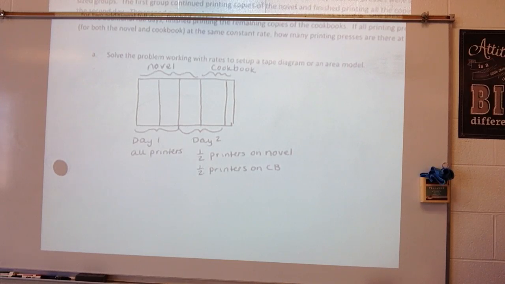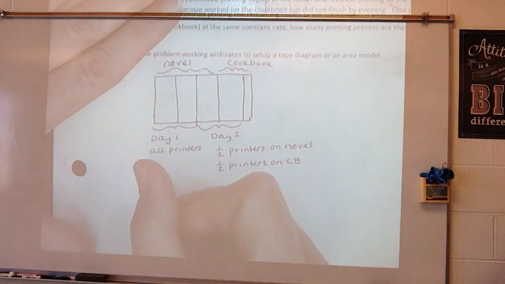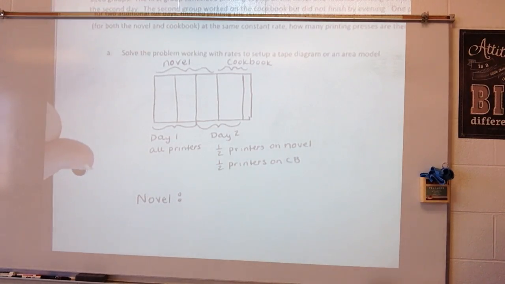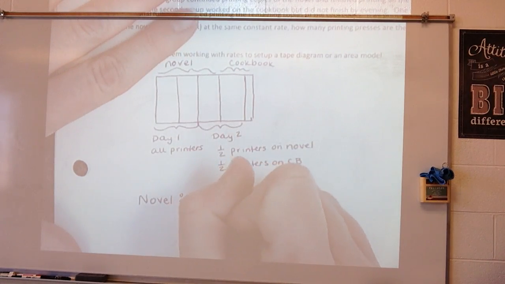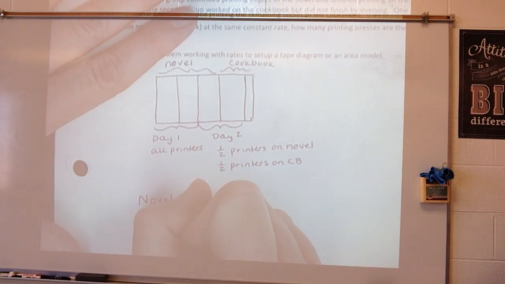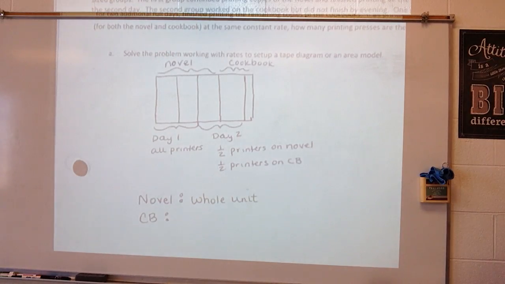So we're going to label the novel job the whole unit, and each third is a fractional unit, 1/3 of the whole. We're going to label our novel as our whole unit, and our cookbook is going to be 1/2 of the whole.